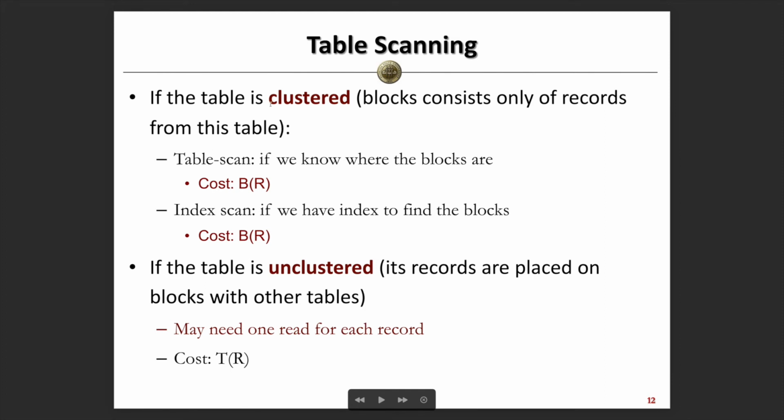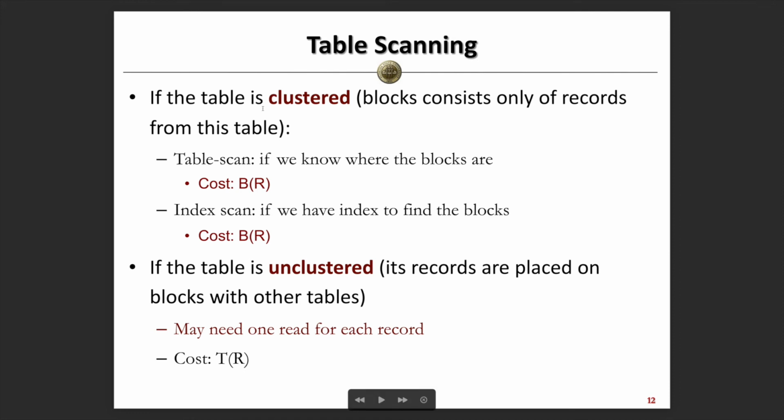If the table we plan to scan is clustered, in other words, these blocks consist of only the records from this table and are sorted according to the record order, then we can do the scanning in a very efficient way.